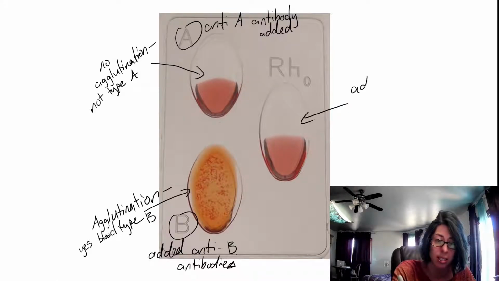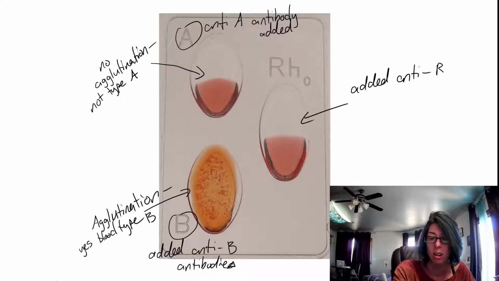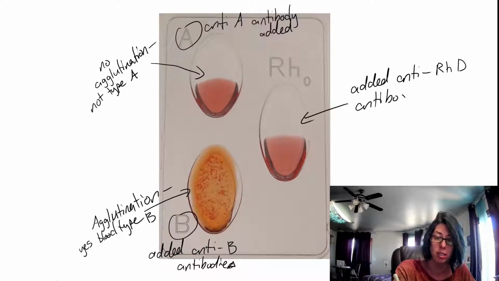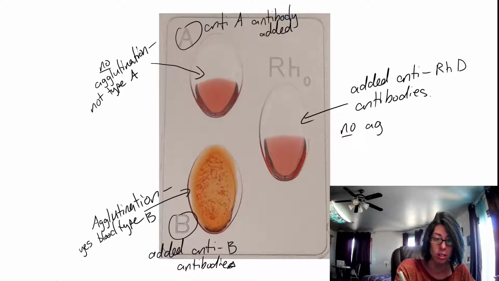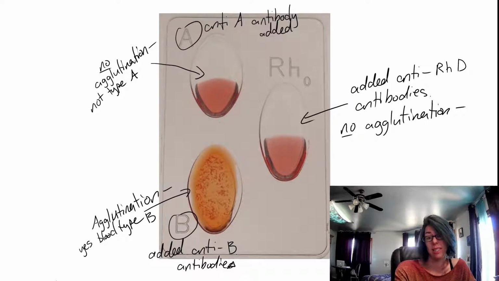So here you've added the anti-RHD antibodies. No agglutination. No clumping. So what does that mean? Well, the anti-RHD antibodies are not attacking.